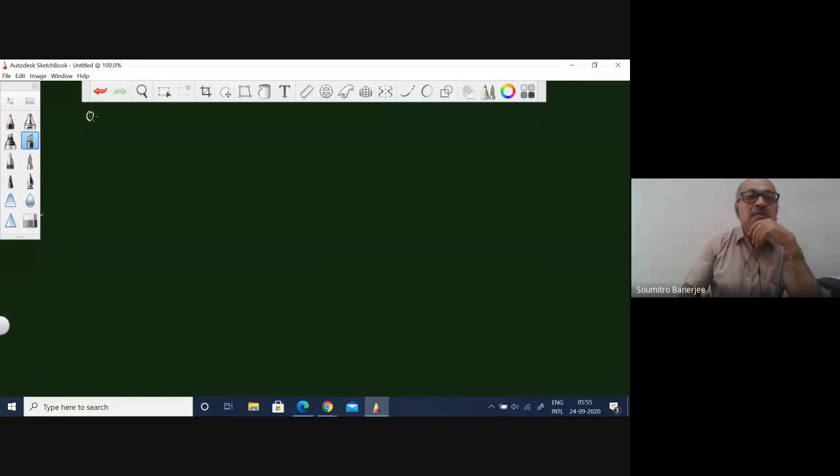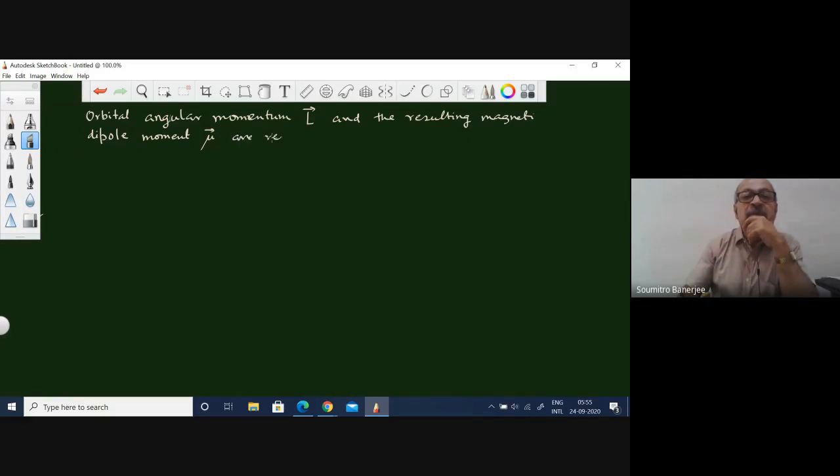So we know that the orbital angular momentum, that was designated as L, and the resulting magnetic dipole moment, that was designated as mu, if you recall, are related by mu is equal to gamma L, where this gamma was the gyromagnetic ratio.